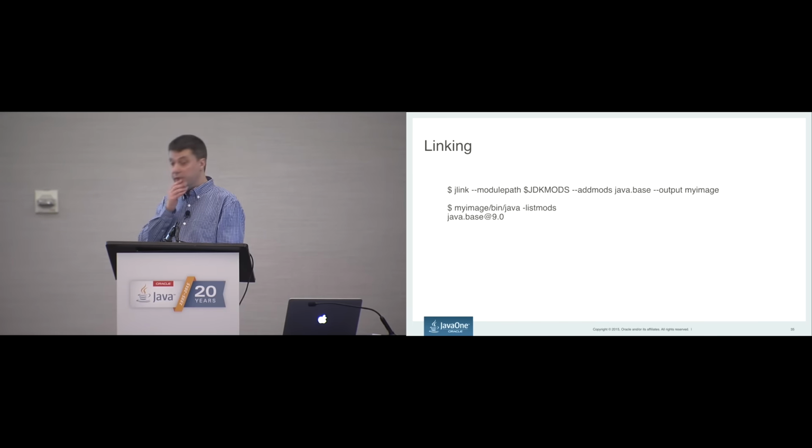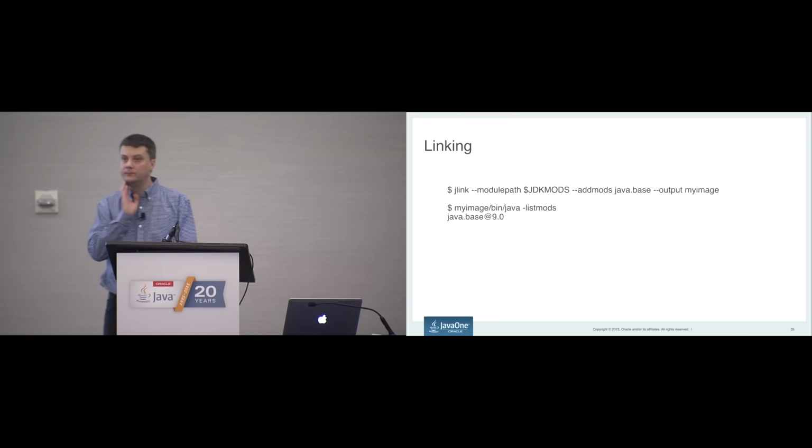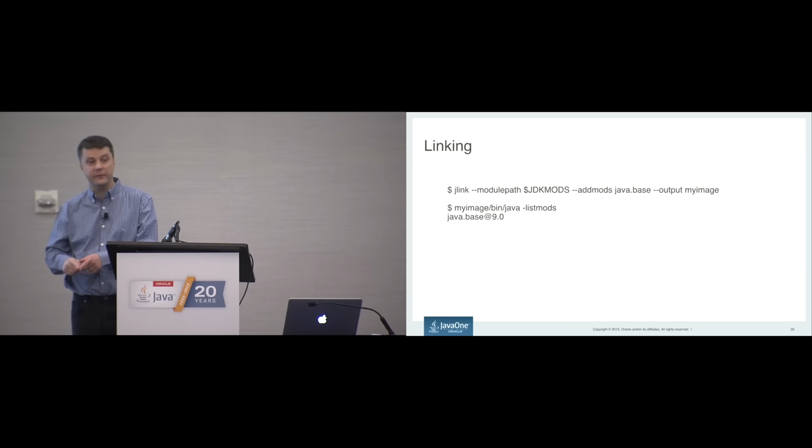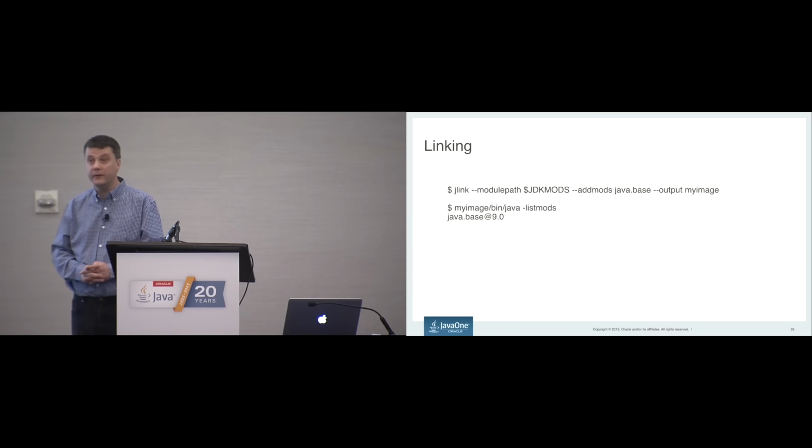Okay, I hope this is readable at the back. This is a jlink command to create a runtime image that has one and only one module, java.base. java.base is the core of the system. It does not depend on any other modules. What I'm doing here is running the jlink command, the linker.